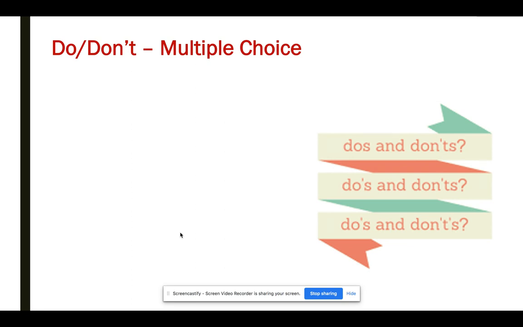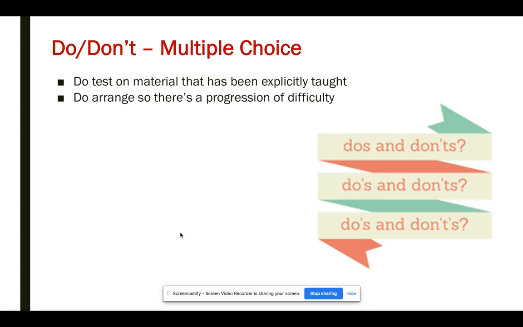For multiple choice tests, these are our experts' advice in terms of writing multiple choice tests, do's and don'ts. Do test on material that's been explicitly taught. Do arrange the questions so that there's a progression of difficulty. They start off with something like, I got that one, I know that one.